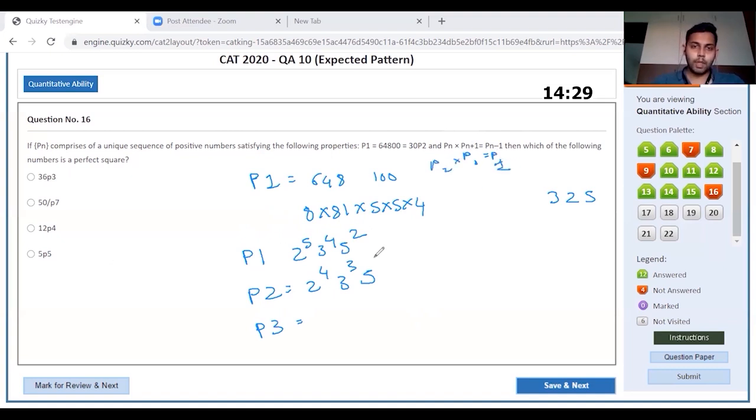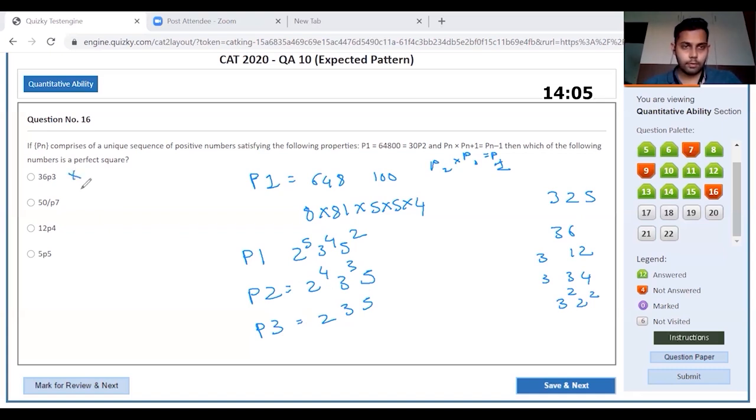So P3 is P1 by P2, which is 2, 3 and 5 into 36, what is 36? 3 into 12, 3 into 3 into 4, which is 3 square, 2 square. So 5 is still single. So P3 is not the answer.